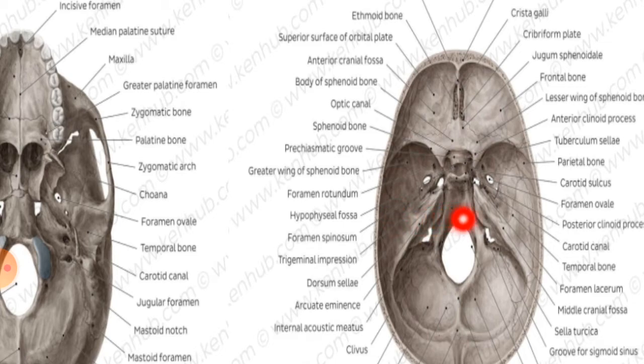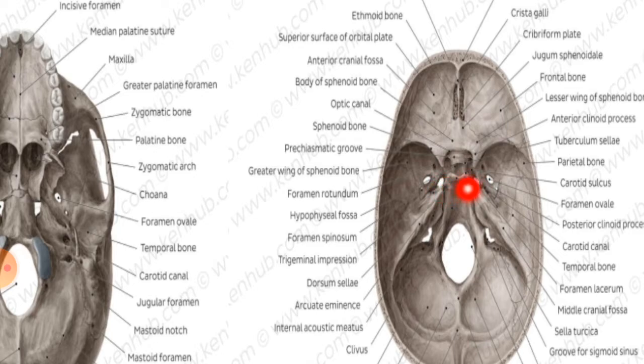This bat shaped bone is your sphenoid bone, and I hope you can appreciate a depression which is called the sella turcica. It is basically found in the middle cranial fossa where the sphenoid bone lies, and it provides space for the pituitary gland.